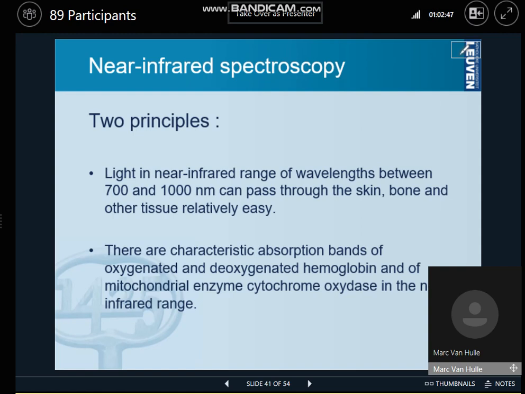And you have characteristic absorption bands for oxygenated and deoxygenated hemoglobin, so the blood, oxygen-rich and oxygen-poor blood, and it's relating to the activity of these brain areas. It's very similar to the BOLD signal that we had before in the case of fMRI, but there are confounds here. So you also have absorption due to particular processes in the cell itself that have nothing to do with your paradigm.